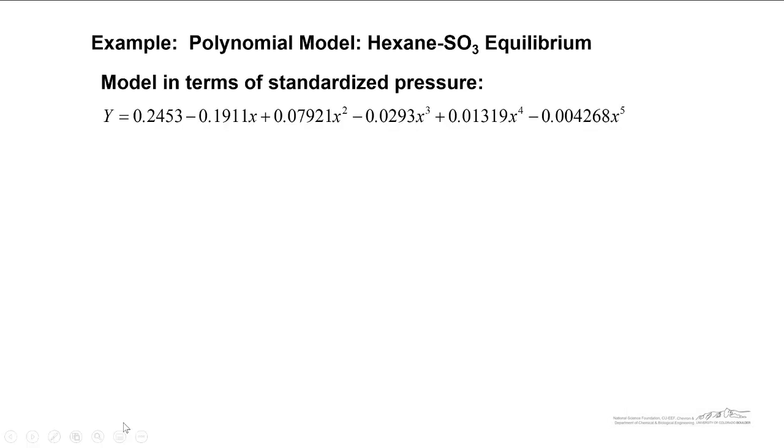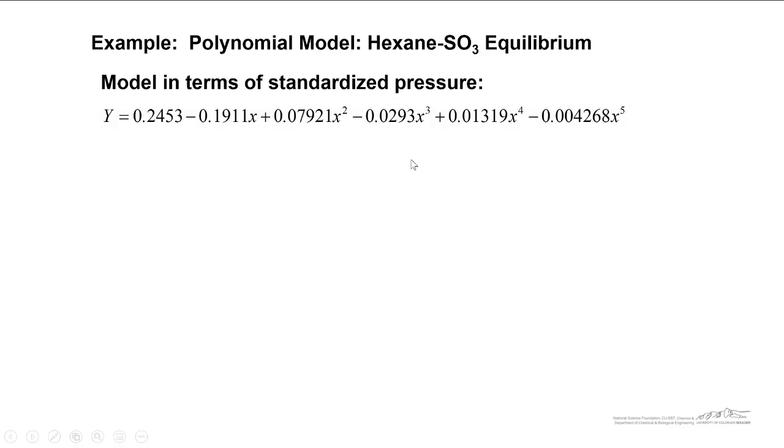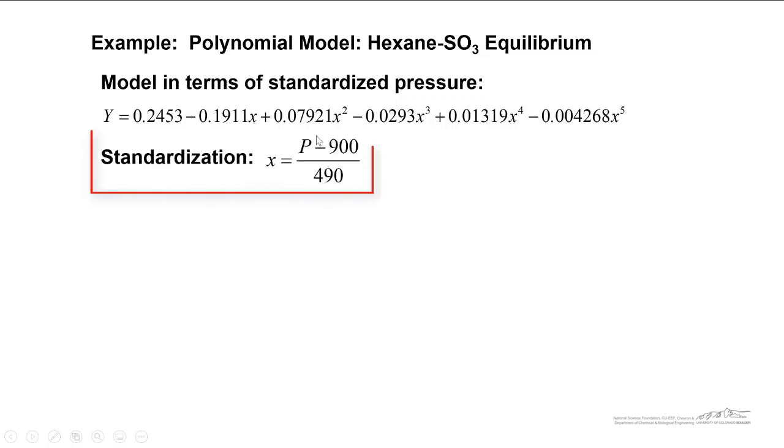So our model becomes the following. We have a fifth order polynomial. I've just taken those coefficients from the regression output and put them into our model. Now, if you wanted to use this to predict the weight fraction of hexane for a future measurement, then you would have to standardize first. So you would take your pressure, subtract 900 because 900 is the average, that's x bar. Remember, we made that transformation.